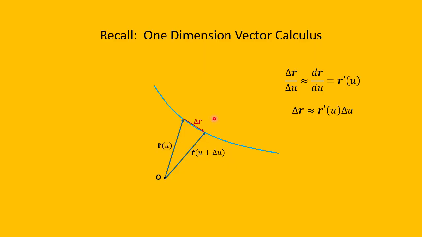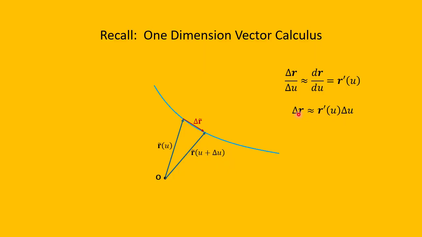So here's what we can say. The delta r that we have here divided by delta u, this is a scalar, so it's vector divided by scalar, so this is a vector value here, is approximately the derivative of r with respect to u, which we can write as r prime of u. Now take the equation with the first quantity here and the last quantity over here, multiply both sides by delta u, and we get that delta r is approximately r prime of u times delta u.